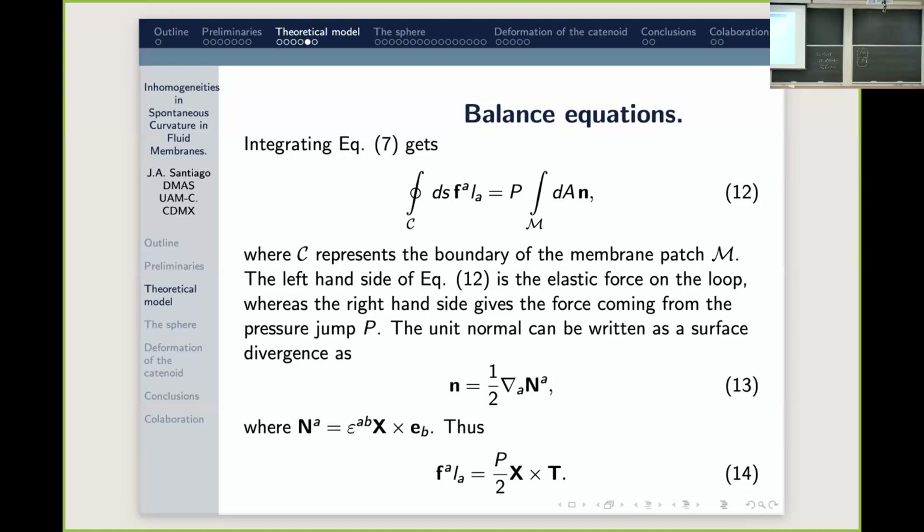But there is a nice formula for the unit normal along the surface. This is the divergence of this object. And we can simplify it to the equation of the surface times the tangential vector.